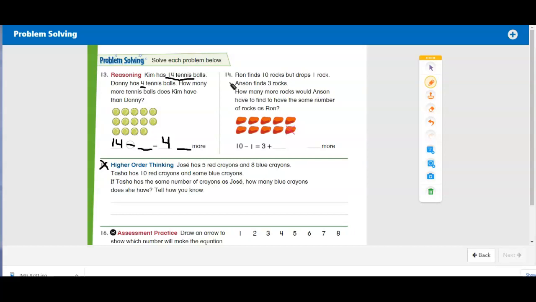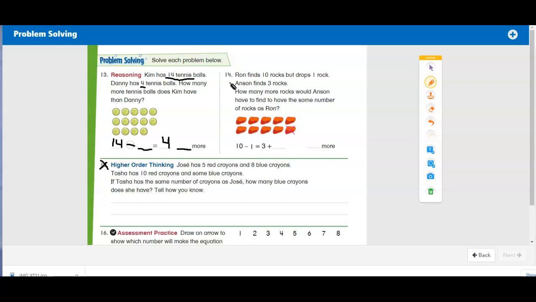Ron would have 9 rocks. So just remember that in your head. Anson finds 3 rocks. How many more rocks would Anson have to find to have the same number of rocks as Ron?